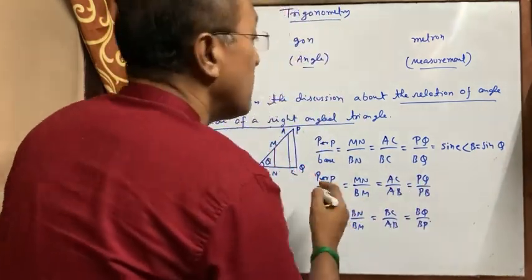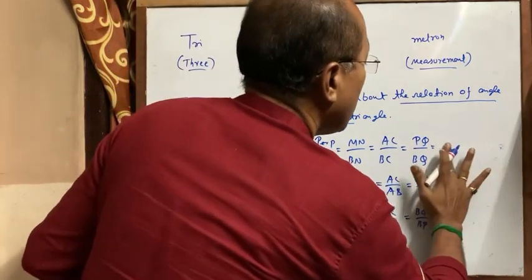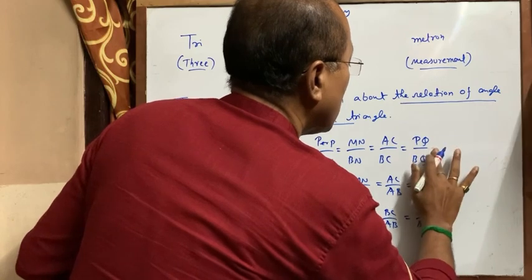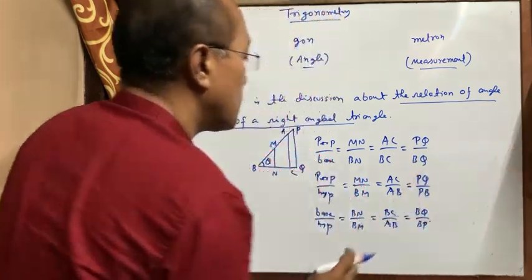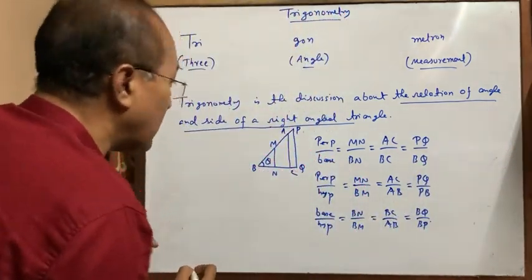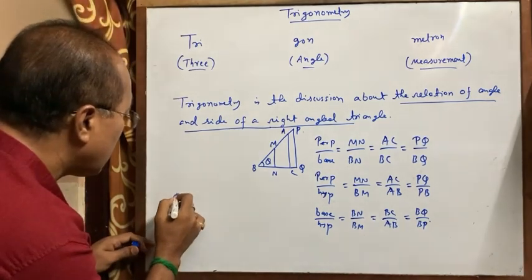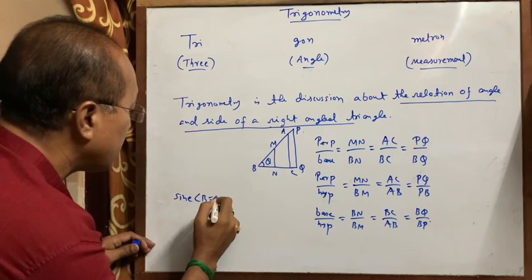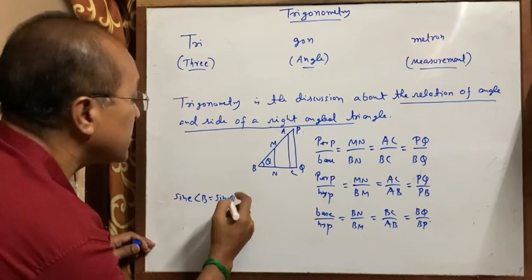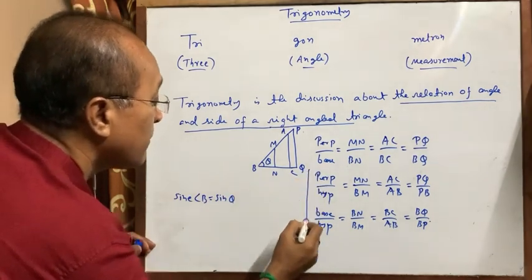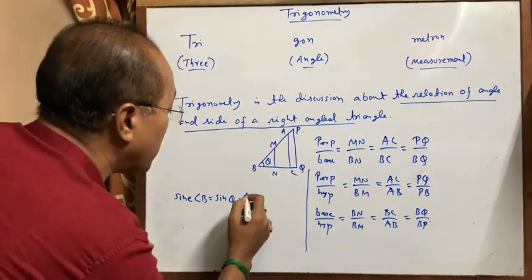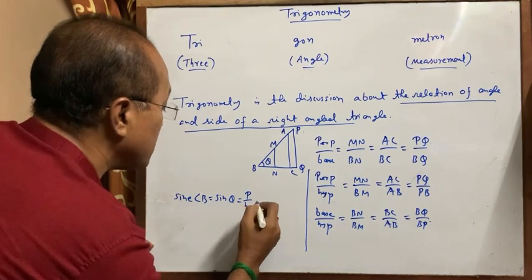Just see, I am writing here: sine of angle B, that is sin theta, since theta is being considered here, means perpendicular by hypotenuse.